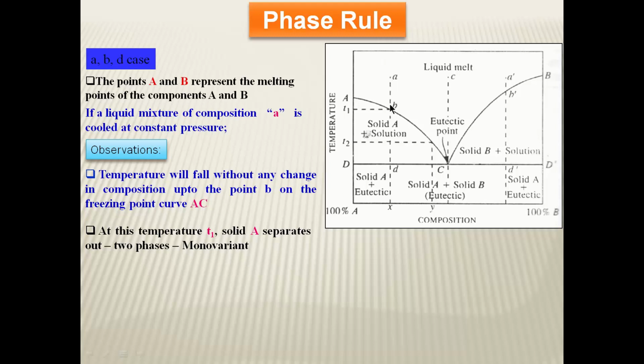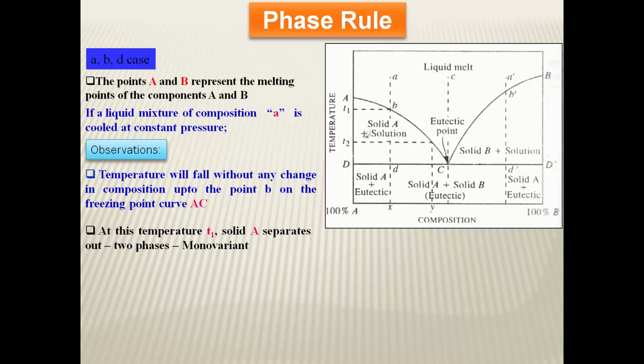Now, as you go on cooling, at point B, corresponding to temperature T1, that is well lower than the melting point of pure A, solid A will start separating out, because the melting point of A was lower than that of B. Now when you go on cooling, at a temperature T1 that is below A, because A will also not start separating out at its pure melting point, because obviously its freezing point will be lowered.